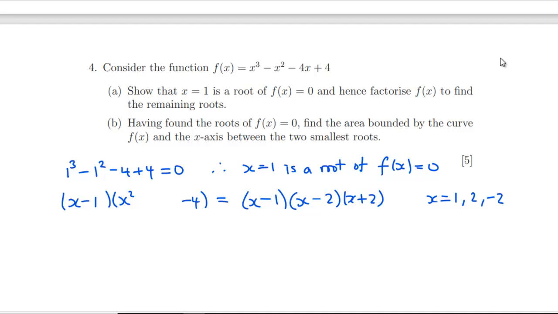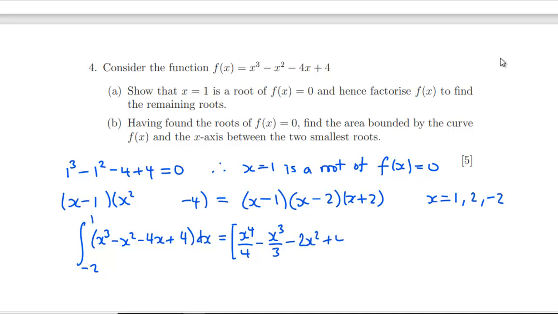So that's good. Having found the roots, find the area bounded by the curve and the x-axis between the two smallest roots. So we need to integrate from minus 2 to 1, because they're our two smallest ones, of x cubed minus x squared minus 4x plus 4 with respect to x. So that is x to the 4 over 4 minus x to the 3 over 3 minus 2x squared plus 4x, between minus 2 and 1.